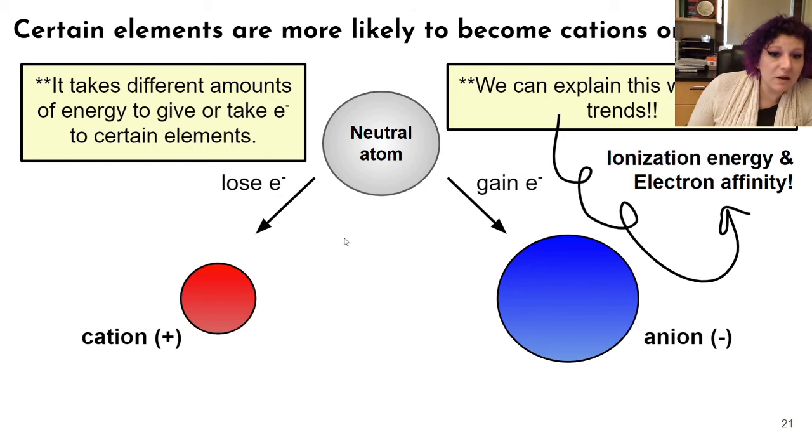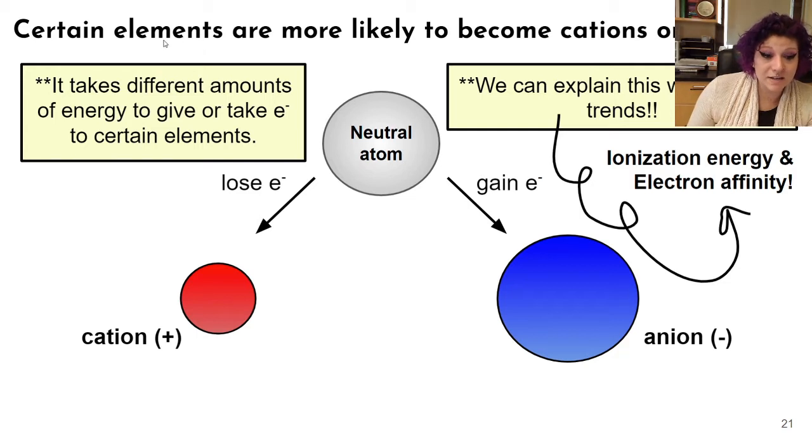I want to point out that certain elements are more likely to become cations or anions. Not all elements on the periodic table will want to be cations and anions. They will have a tendency to form one over the other, a more positive charge where they lose electrons, or a more negative charge where they gain electrons. And then to add to that, it takes different amounts of energy to give or take electrons to certain elements.